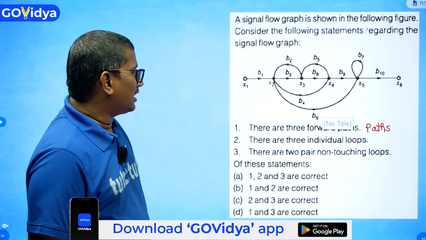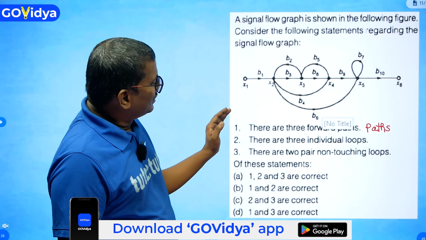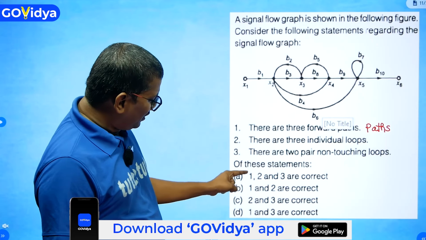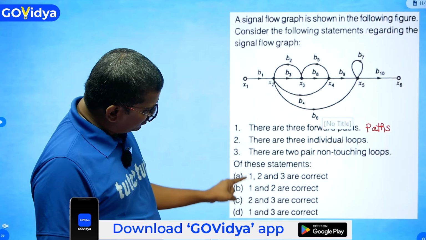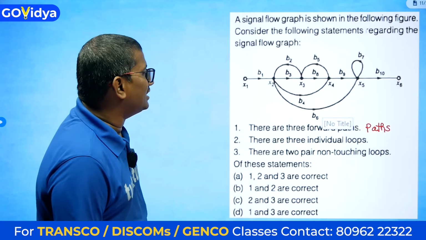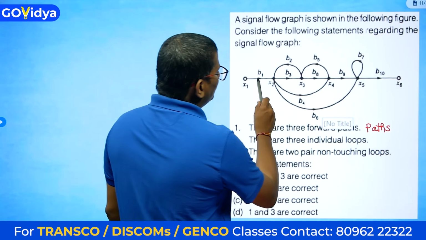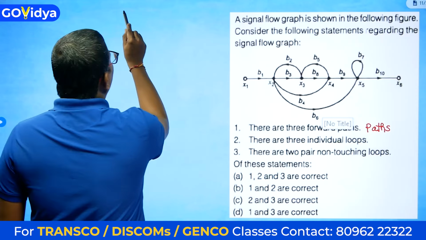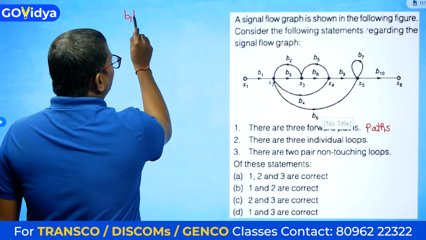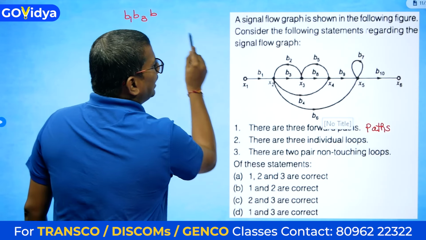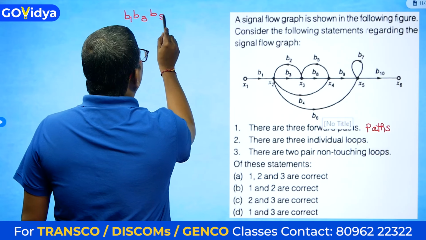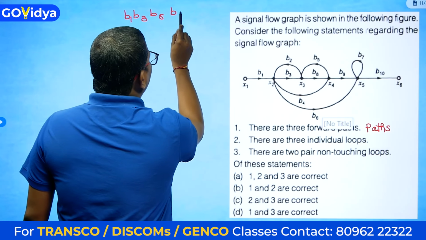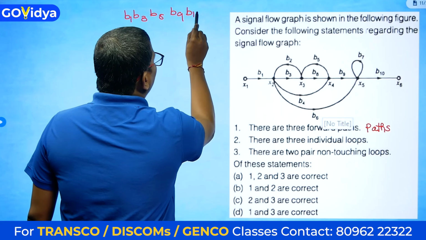Let us see which is the correct one. First of all, identify whether there are three forward paths. In every option you see one is common. Let us see whether it is having three forward paths or not. You see, this is one forward path. What is the first forward path? B1, B3, B8, B9, and B10.